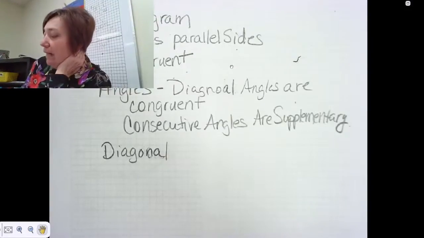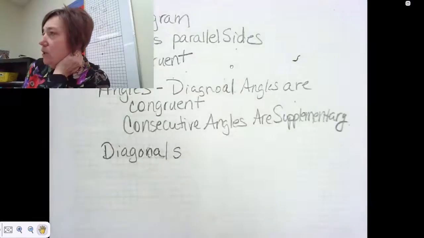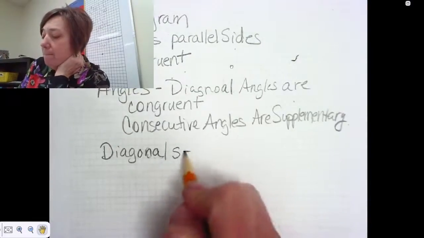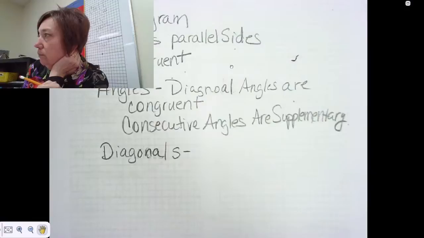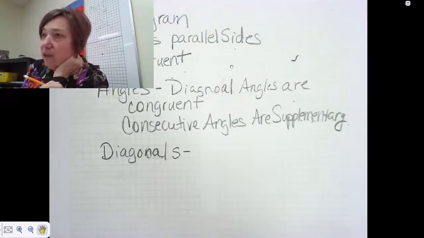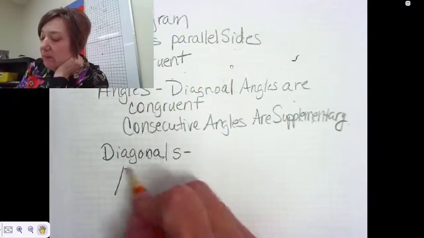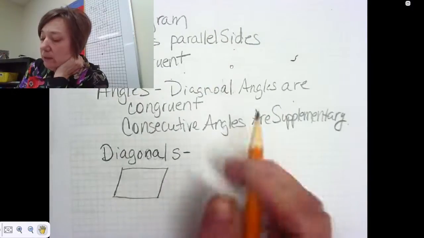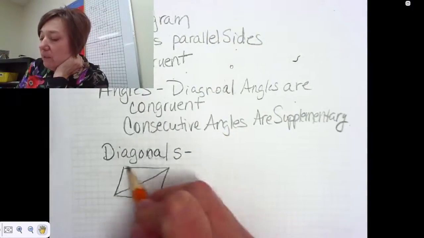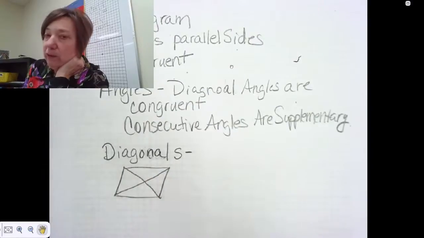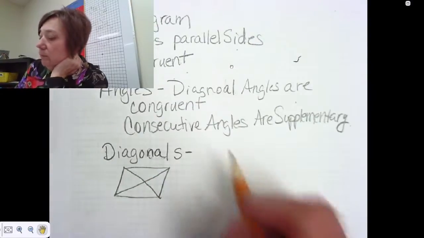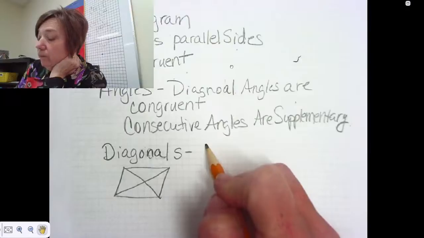Okay, the diagonals. That's the lines that go across the shape. What do they do to each other? We've got this parallelogram, and we've got this, and we've got this. What do they do to each other? They do, but in a special way.